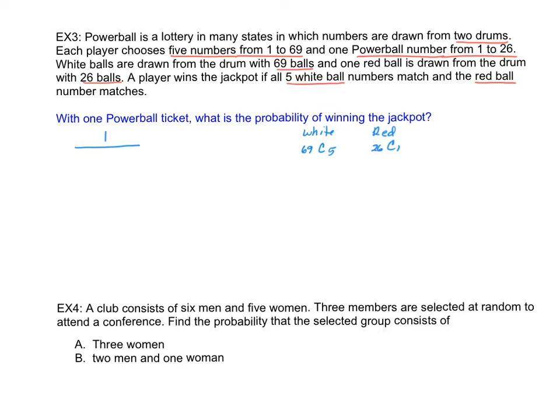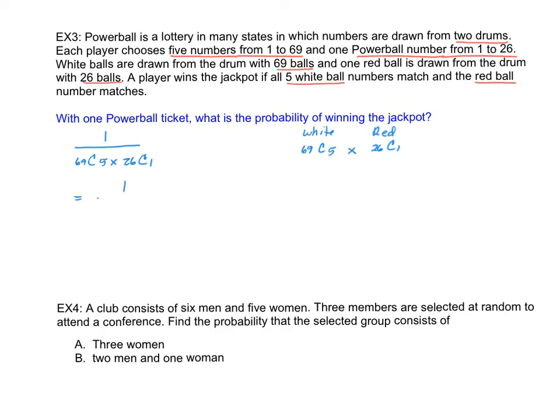Since we have two different groups, we use the fundamental counting principle from 11.1, where we multiply those two groups together. So 1 over 69C5 times 26C1.